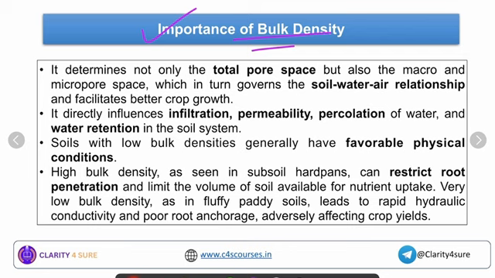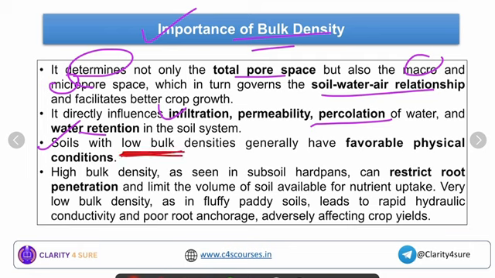So why is it important? As I said, it helps determine not only the total pore spaces, but also the macro and micro spaces, which govern the soil water-air relationship. It will directly influence infiltration, permeability, percolation, and water retention, because it has a relation with porosity.